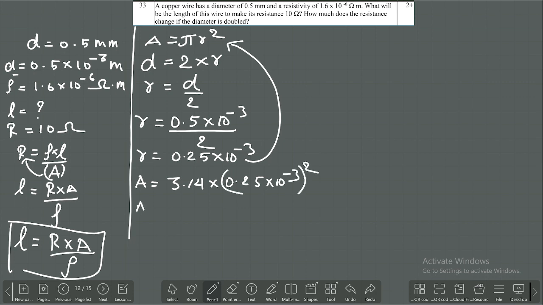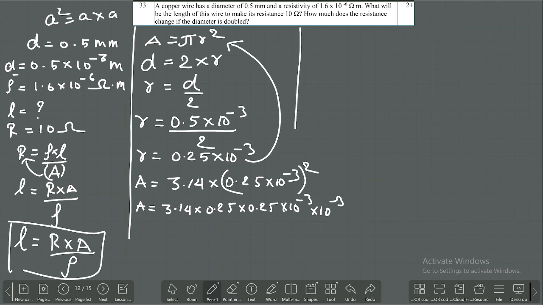So A is equal to 3.14, 0.25 into 10 to the power of minus 3 the whole square, nothing but 0.25 into 0.25 into 10 to the power of minus 3 into 10 to the power of minus 3. The reason is it is a square, you can also write it as a into a, the same method you applied over here.